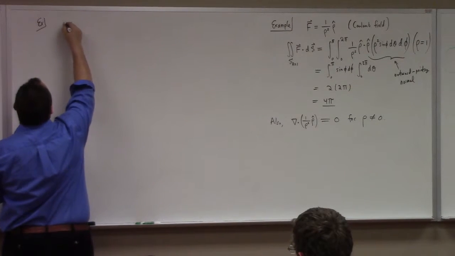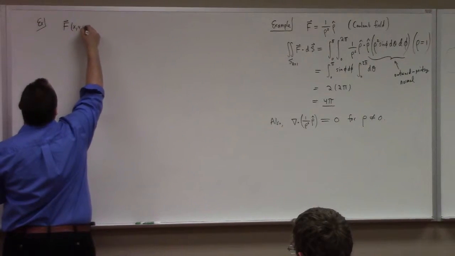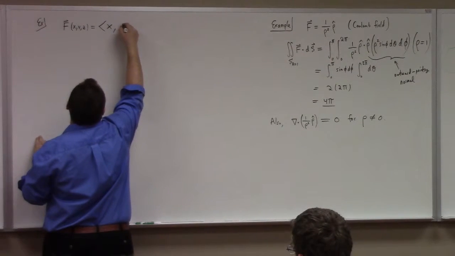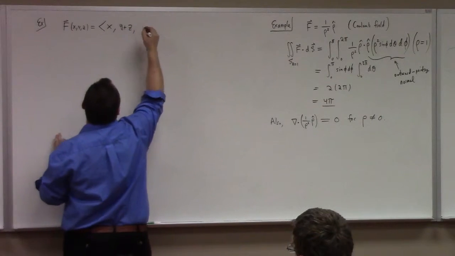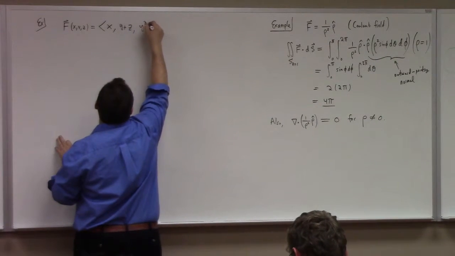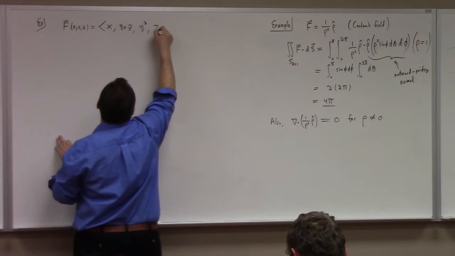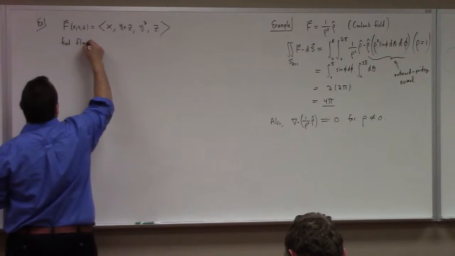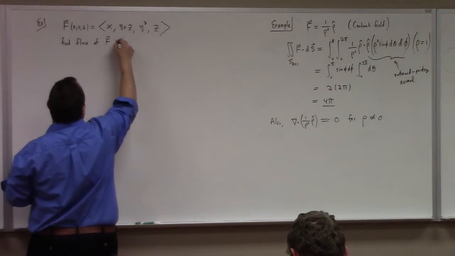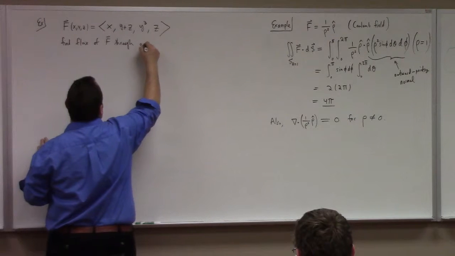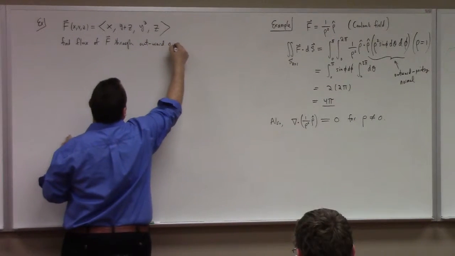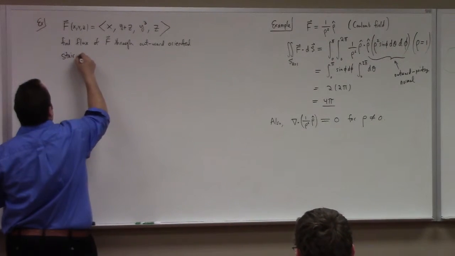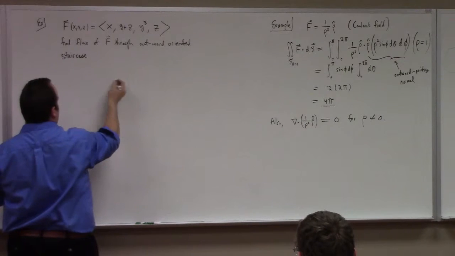Suppose you have f of x, y, z equal to x y plus z y cubed z. Find the flux of f through the outward oriented staircase. So here's the staircase I have in mind.